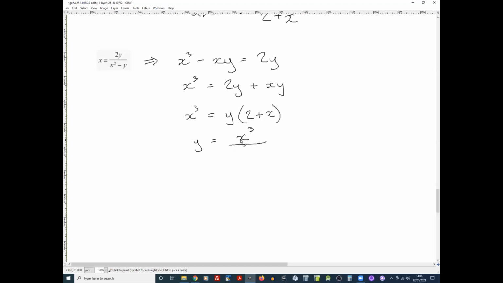Okay. So notice we've got an explicit function of x now. Let's do explicit differentiation. Okay. So x cubed times 2 plus x to the minus 1. Yeah, sure.